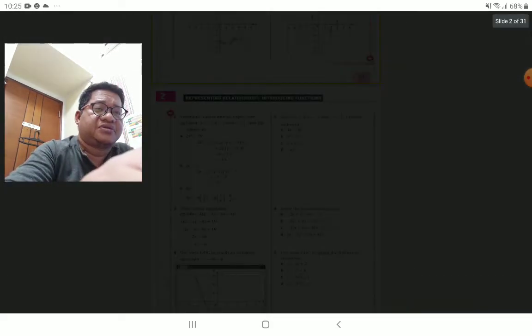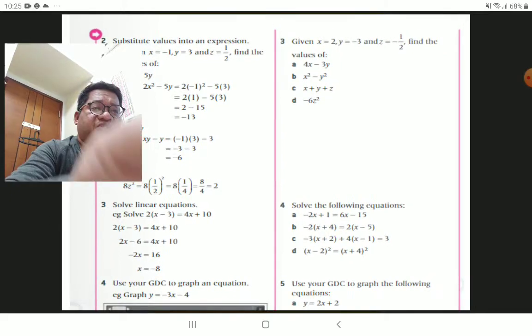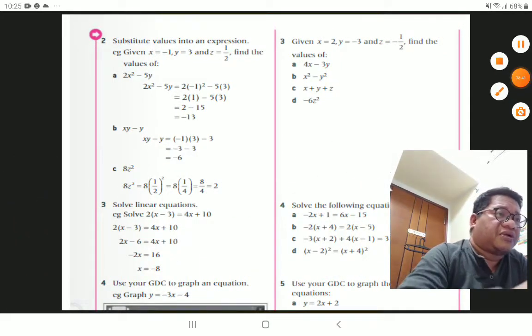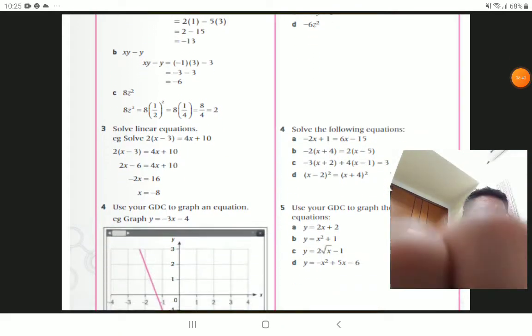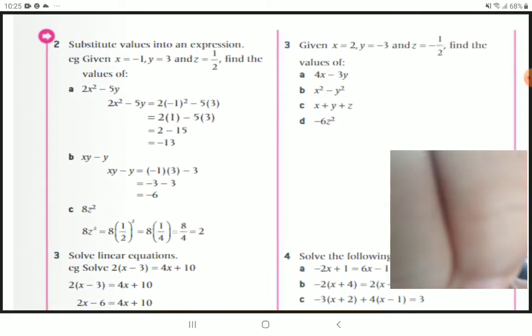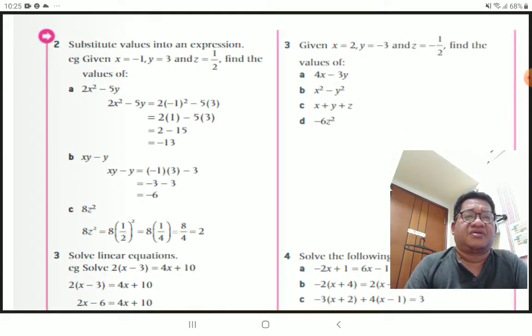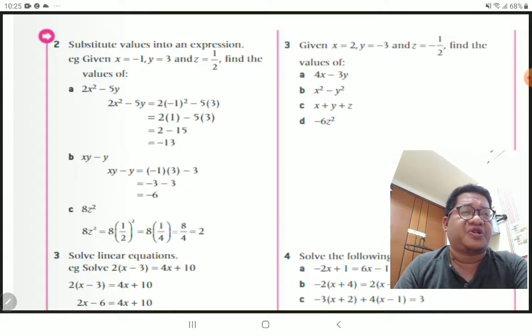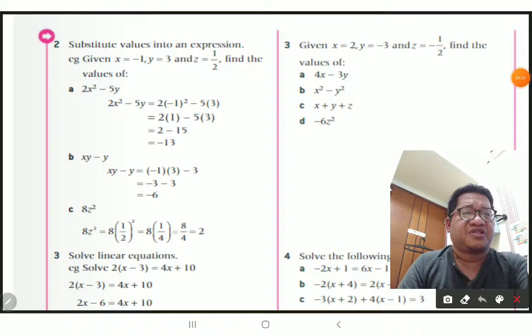Okay, next. Another stuff that you need to know is this one. Alright, so I would like you to review all of this. Substitute values into the expression. Actually, what you need here, for example, you know that x equals negative 1, y equals 3, z equals 1 out of 2, or 1/2.